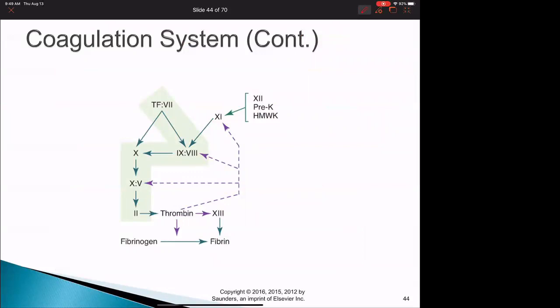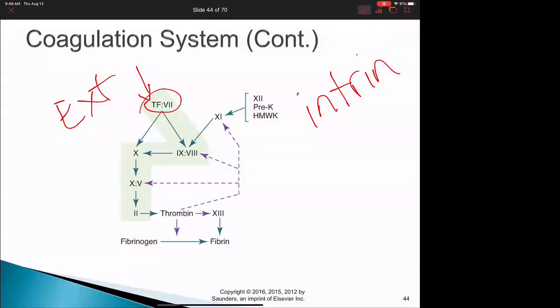This is a more simplified diagram, also from your book, and it just shows you a more simplified coagulation pathway. Remember, this is the extrinsic part of it, and this is the intrinsic pathway. The extrinsic is always going to start with tissue factor and activated factor 7, and it's going to form a complex. It's called the extrinsic tenase because it's going to activate factor 10, okay?